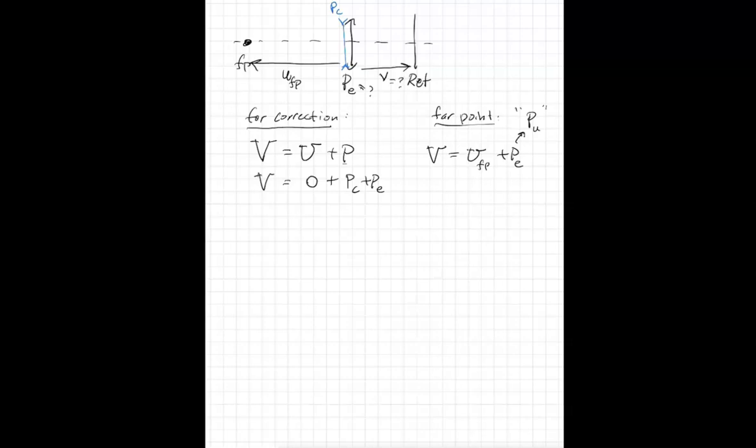And so that means we can set them equal to each other. These two V's have to be equal, so this piece here has to be equal to this piece here. I'm going to go ahead and write that the correction power plus the power of the eye has to be equal to the image vergence, but the image vergence itself is equal to the far point vergence plus the power of the eye.